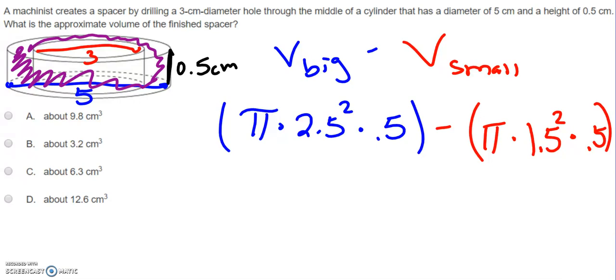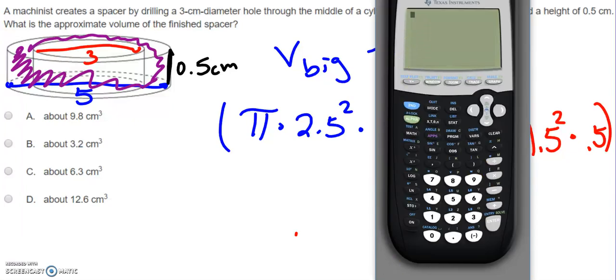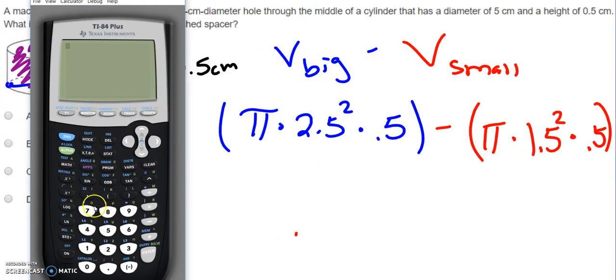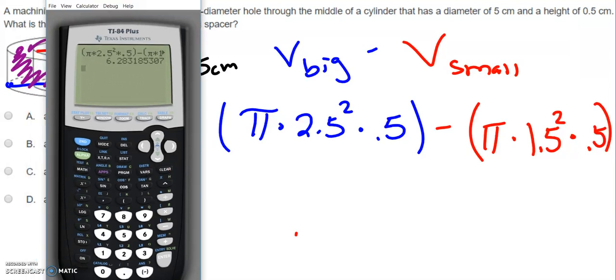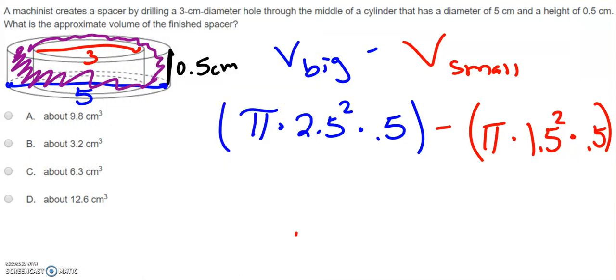If we wanted to put this in a calculator, just as we see it, then you'd have to do parentheses, pi times 2.5 squared times 0.5, close parenthesis, minus, parenthesis, pi times 1.5 squared times 0.5, enter, 6.28, which is approximately 6.3, which then answers our question.